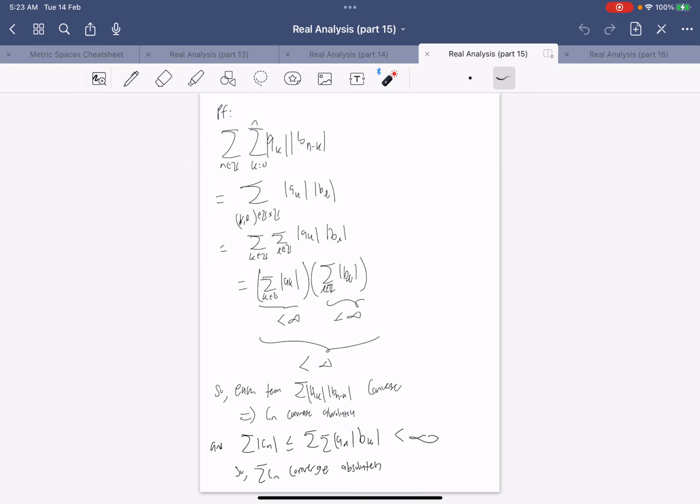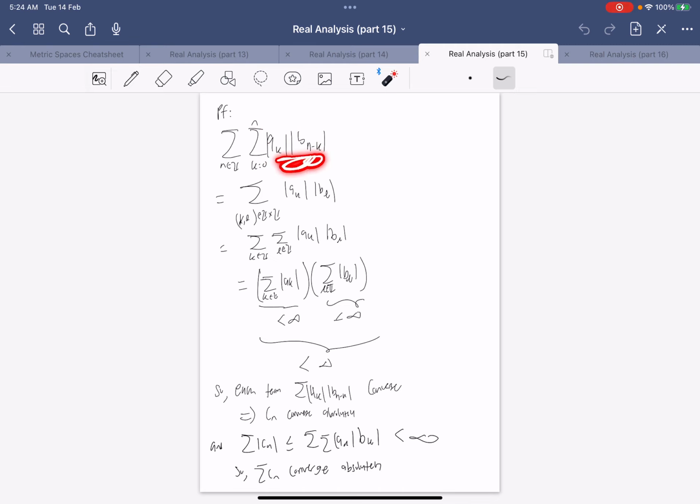The proof follows because we consider the following result. You take a summation over all n from the positive integers, and then another sum from 0 to n of the absolute value of a_k times b_{n-k}.